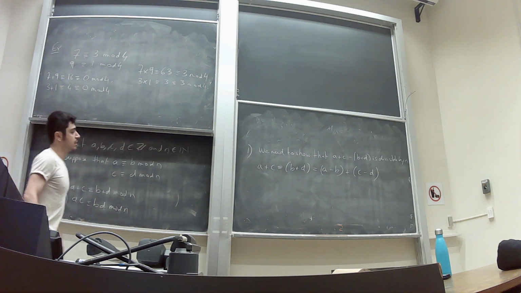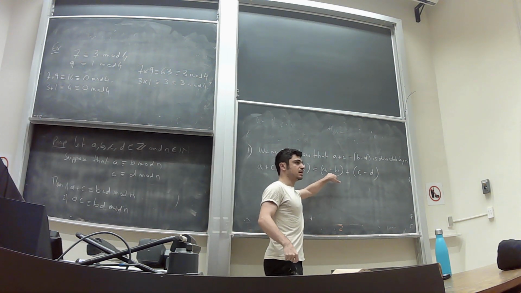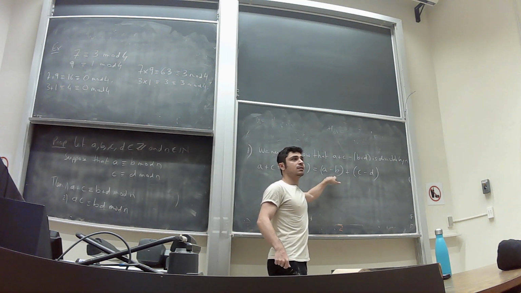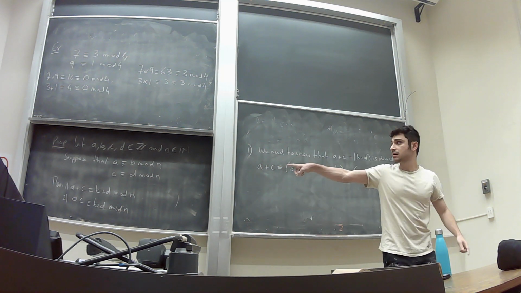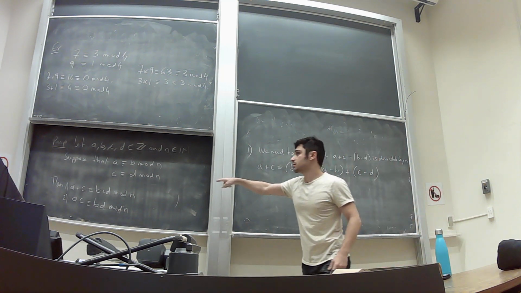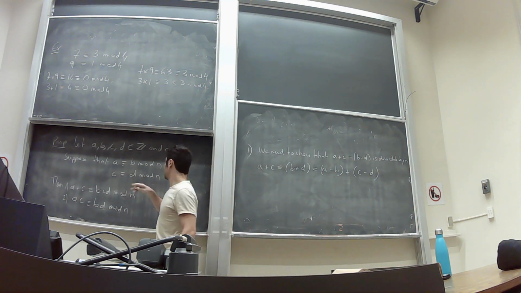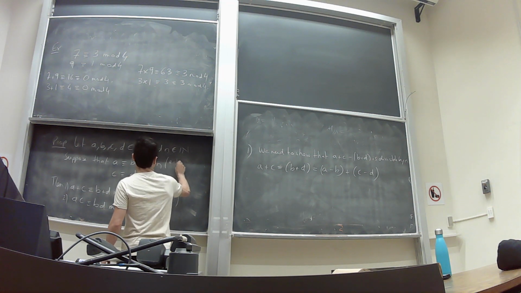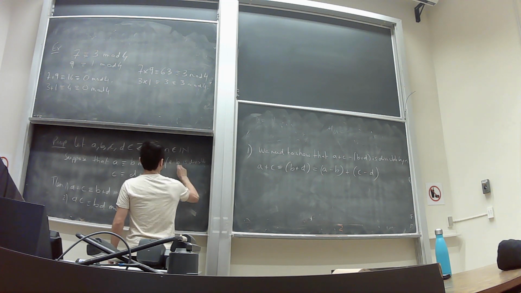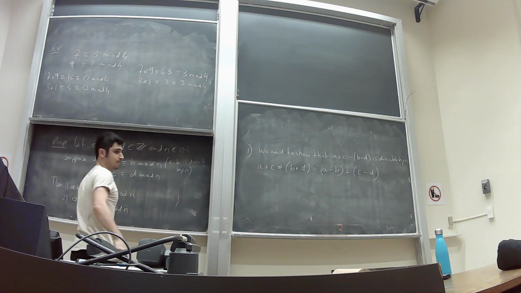Great. Now, A minus B, is it divisible by n? Why is it divisible by n? By assumption. Because A is congruent to B mod n. This means that A minus B is divisible by n.